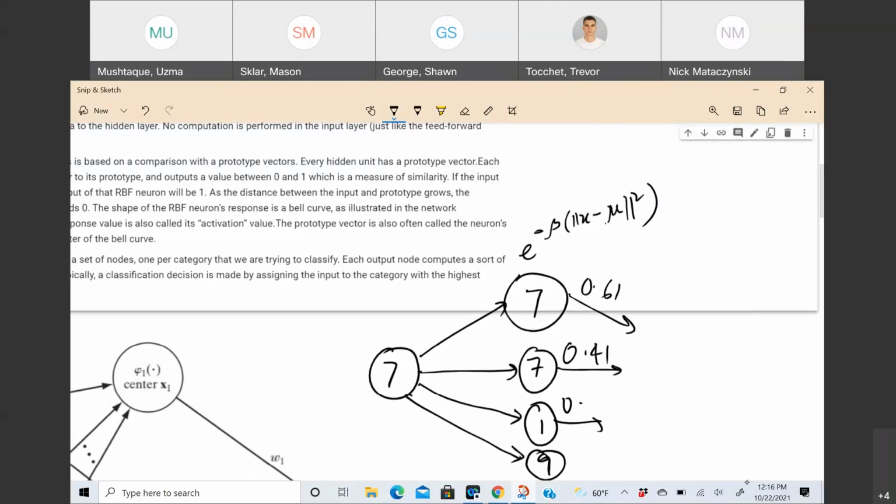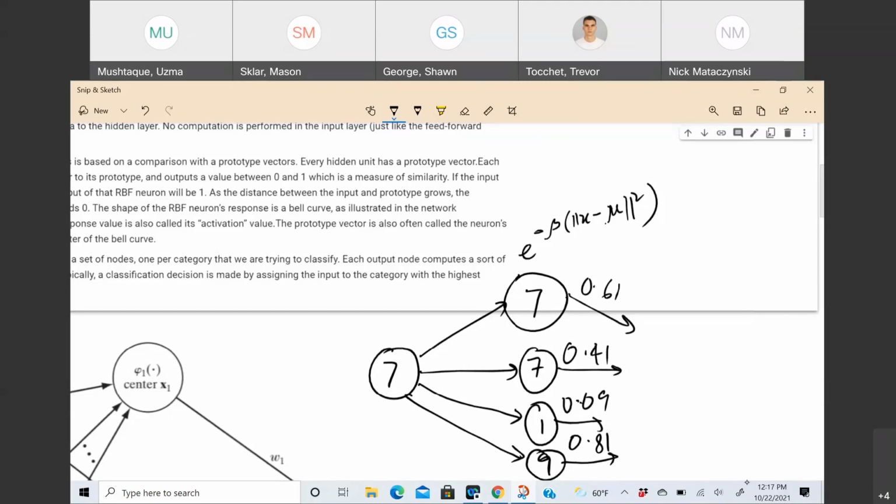This one outputs 0.09, because it's pretty far off from this. And this outputs, I don't know, 0.81. We'll come to how we determine these prototype vectors, but for right now, just imagine that I had some way of having them.